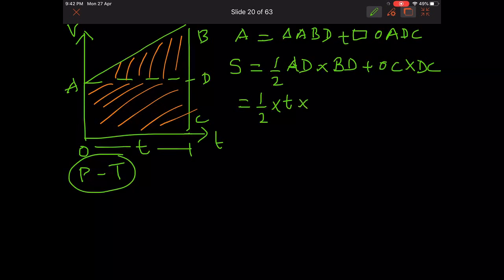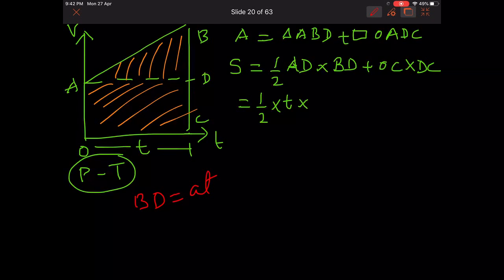If you remember, what was our first equation of motion? Our first equation of motion is V minus U is equal to AT, and we had also written BD is equal to AT. You can go back and see BD is equal to AT, which was the second equation while we were deriving the first equation of motion.